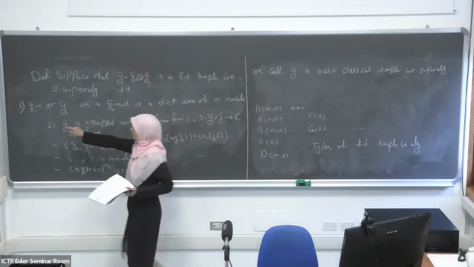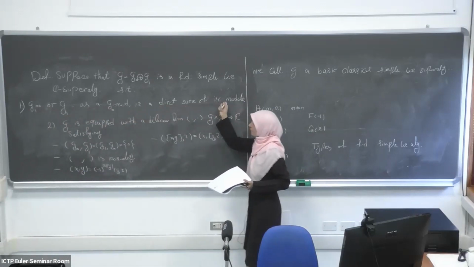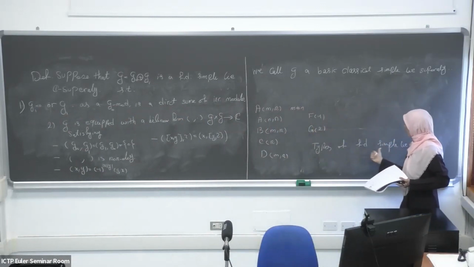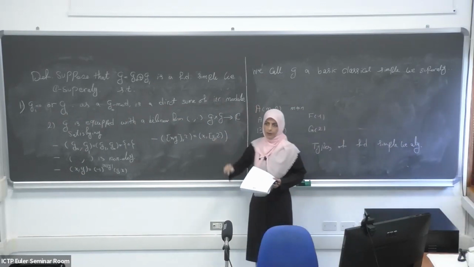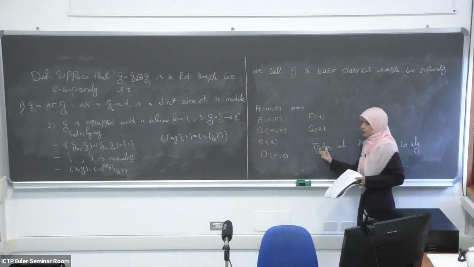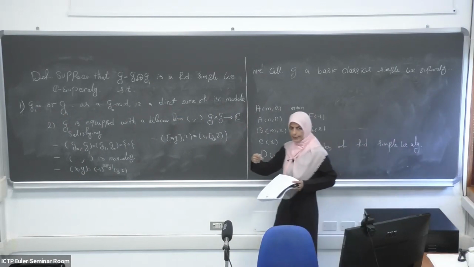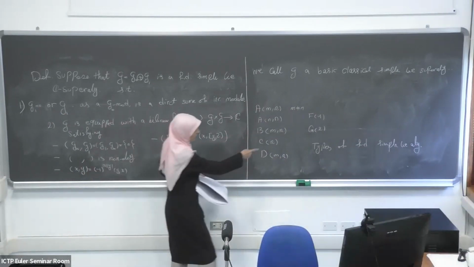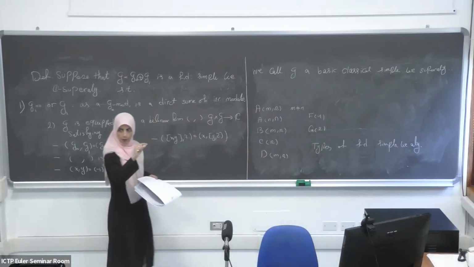So I write here G1 is 0 or G1 as a G0 module is a direct sum of irreducible modules. And so any finite dimensional simple Lie algebra is also a basic classical simple Lie superalgebra, right? And you remember, I told you types of finite dimensional simple Lie algebra is A, B, C, D, E6, 7, 8, F4, G2. But that F4 and G2 is different from that one.